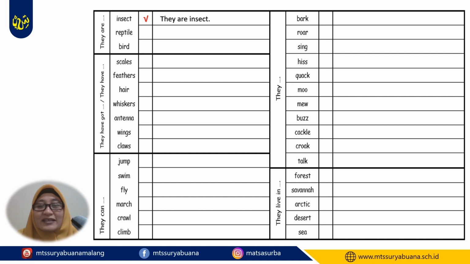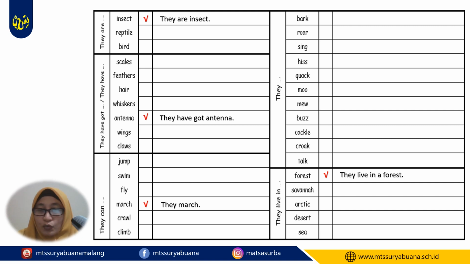Insect. So we can say they are insects. And then antenna, or they have antenna. And then can, they can march, or they march, right? And then forest, they live in forest, right?